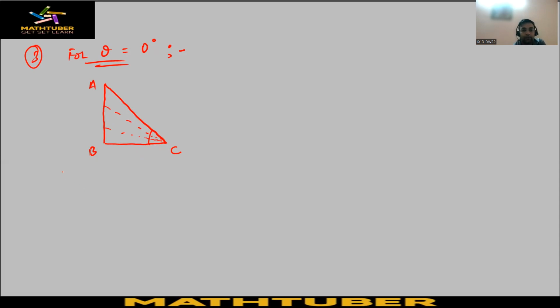So what we have to do is, for theta equal to 0 degree, the conditions are, the first condition is the length of the perpendicular becomes 0. That is, AB will be equal to 0 here.